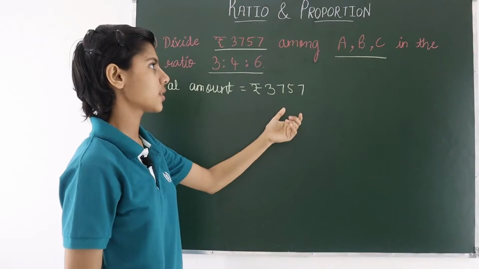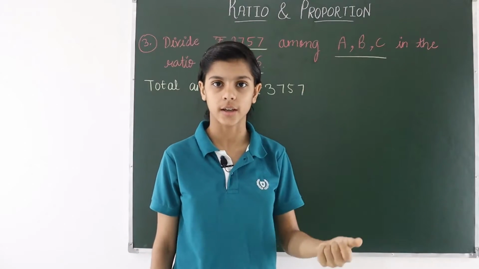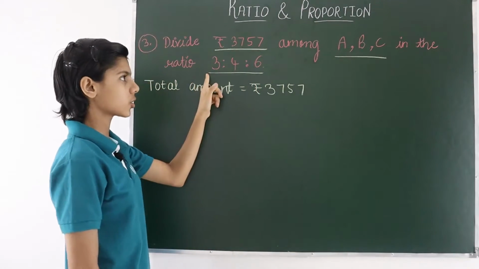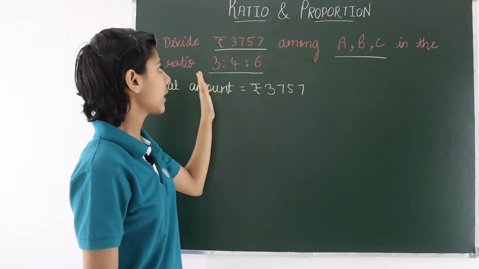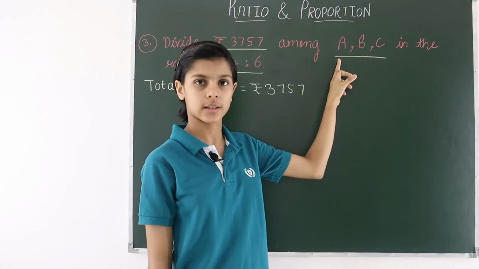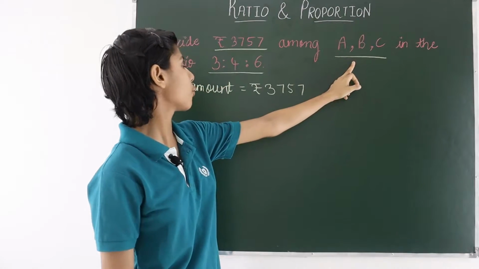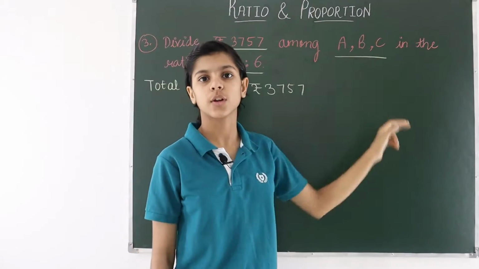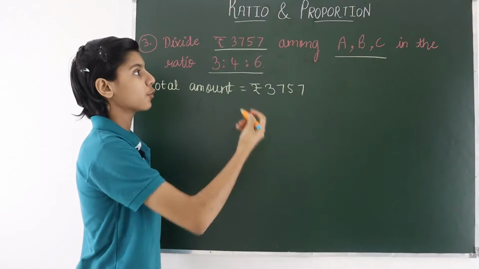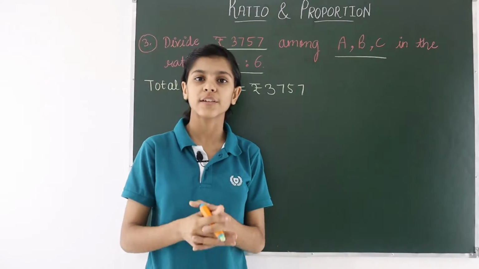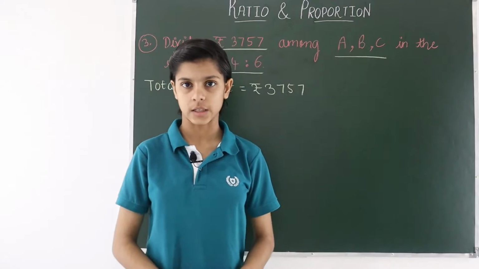Means if I am saying what will be the amount of A, the ratio of A is 3 and the value I am not having, so we will multiply it by x. It will be 3x. For B it will be 4x and for C it will be 6x. x will be multiplied by their respective ratios so that we can find the amount they will get.